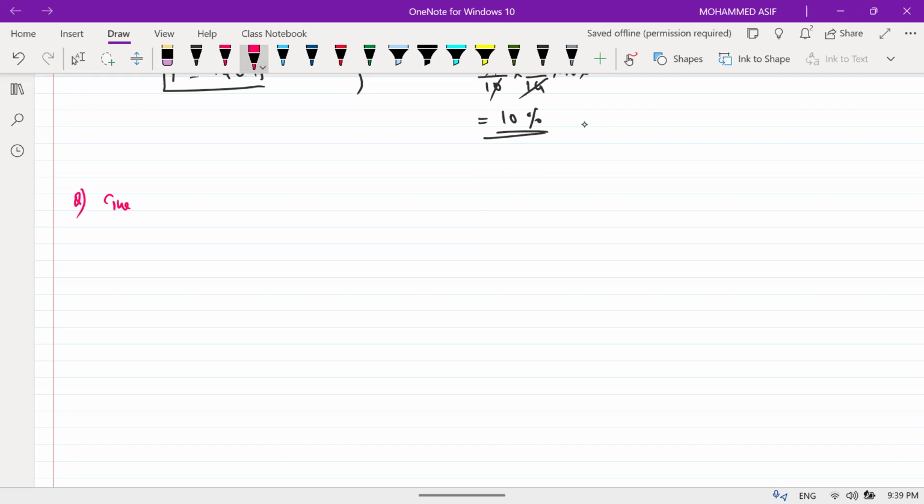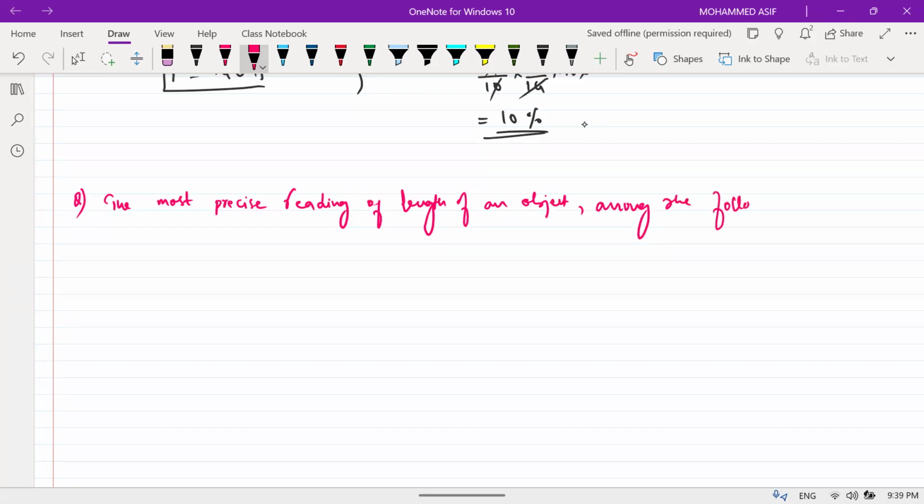The most precise reading of length of an object among the following is, the options are: 50 centimeter, 5.0 into 10 power 1 centimeter, 0.5 into 10 power 2 centimeters, and 0.0005 centimeters. So what will be the answer for this?